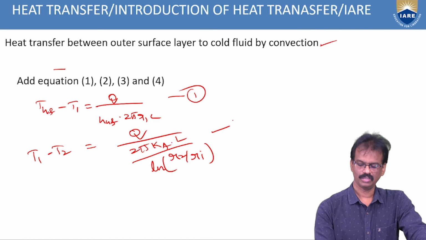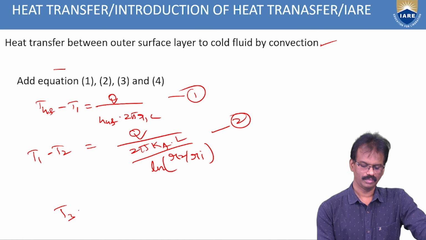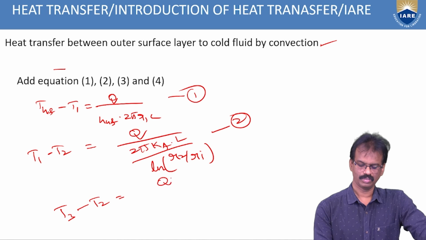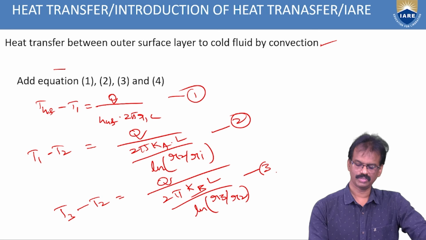So this is equation 2. Similarly, T2 minus T3 is equal to Q by 2 pi KB, the thermal conductivity of layer B, into L by ln R3 by R2. This is equation 3.